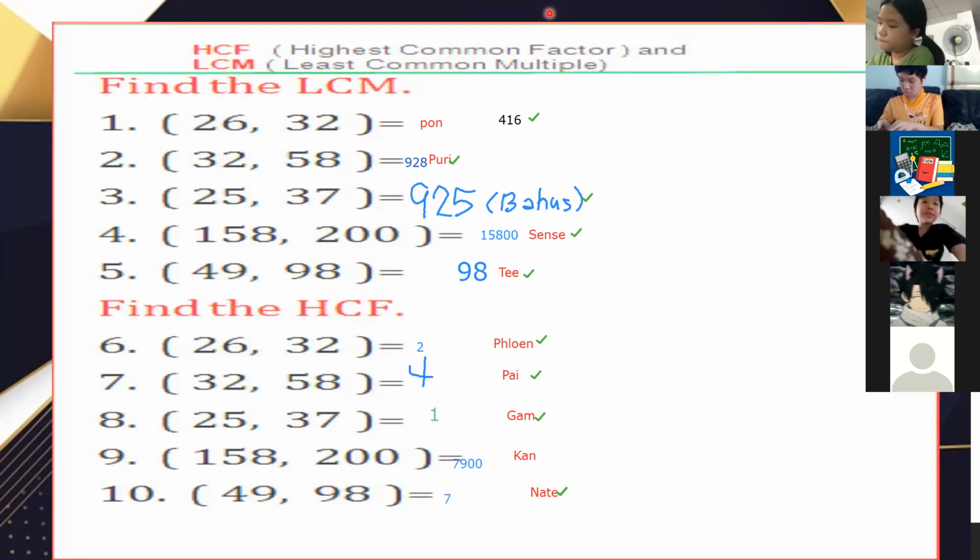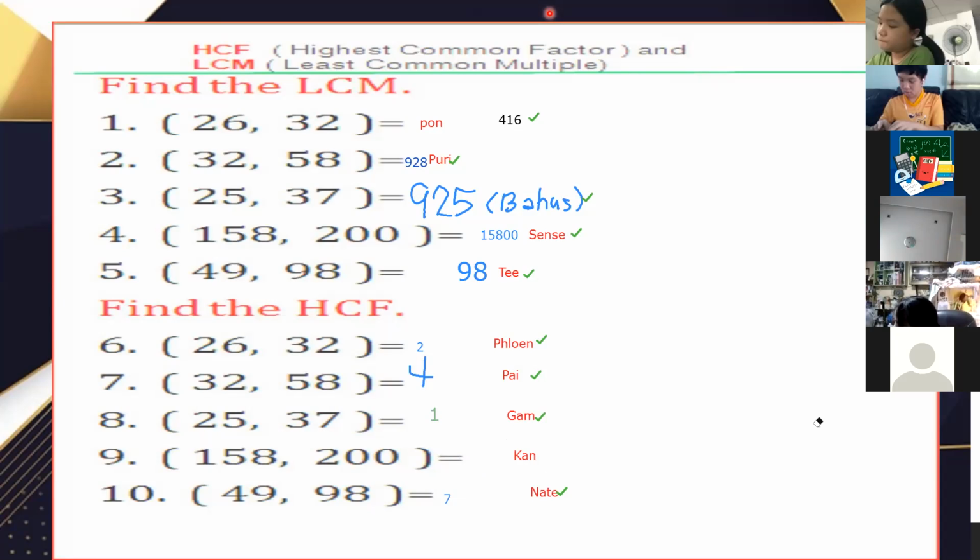Is that correct? Loon, is this correct? 7,900? My answer is not like that. Advantage. There are also 3 examples for advantage.